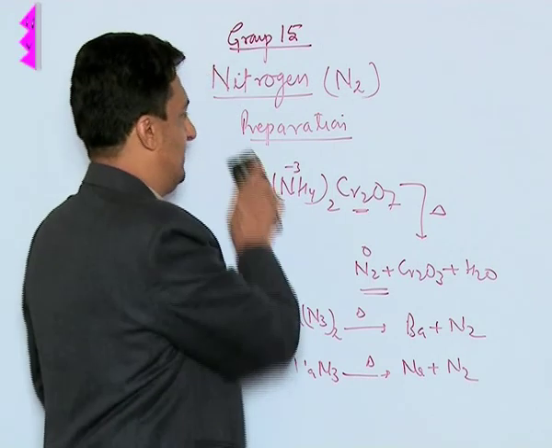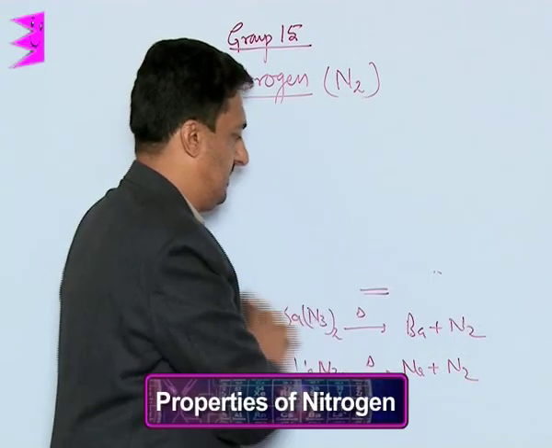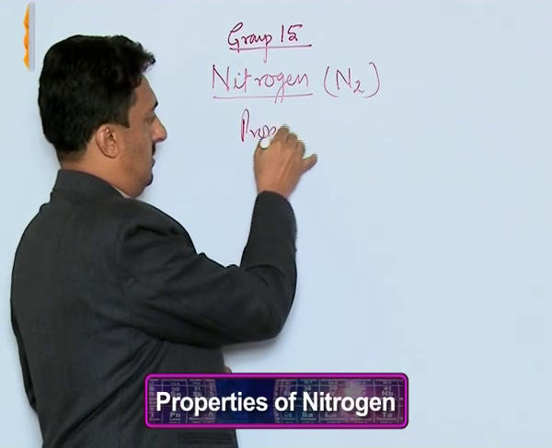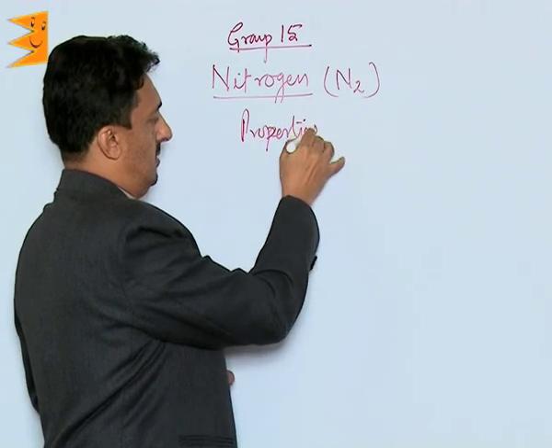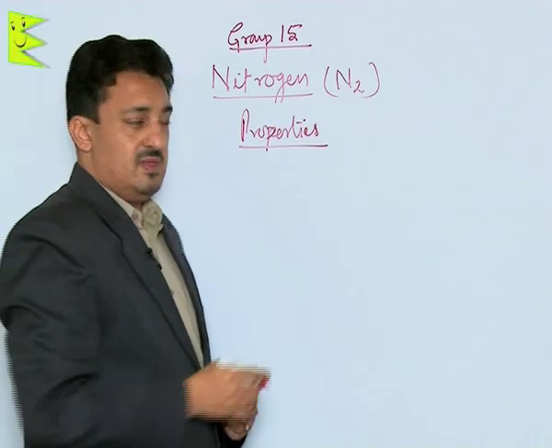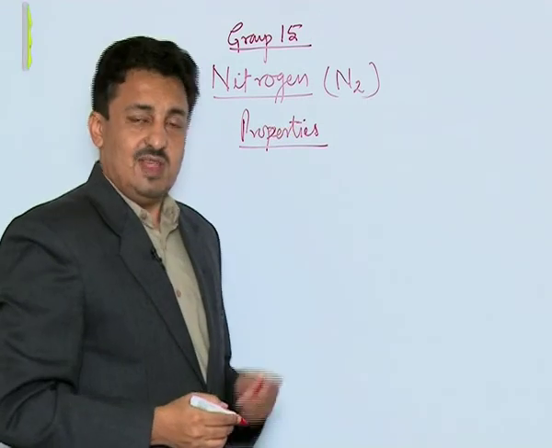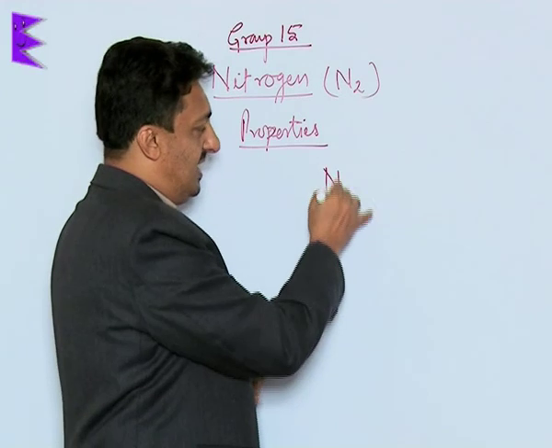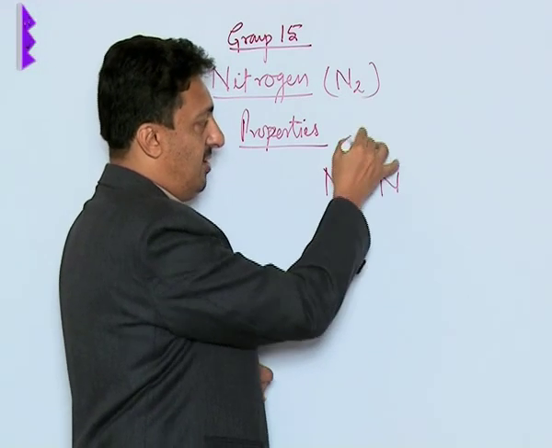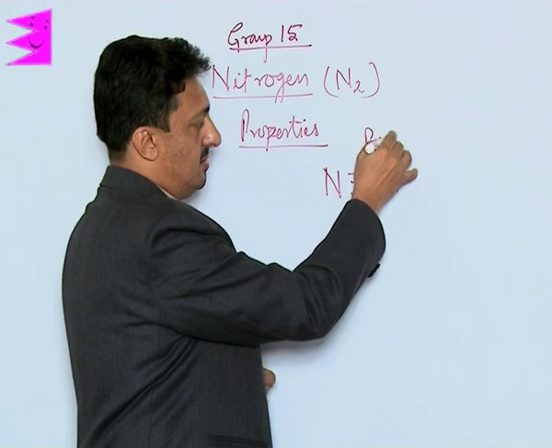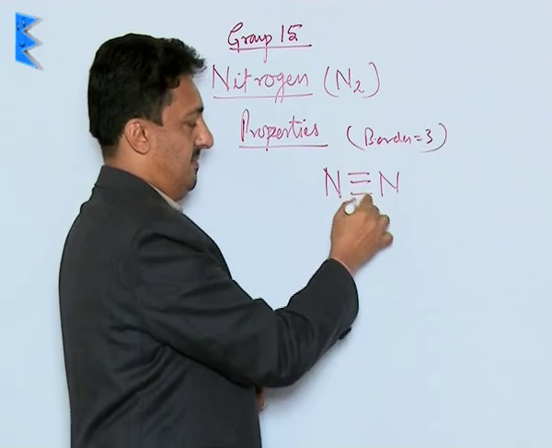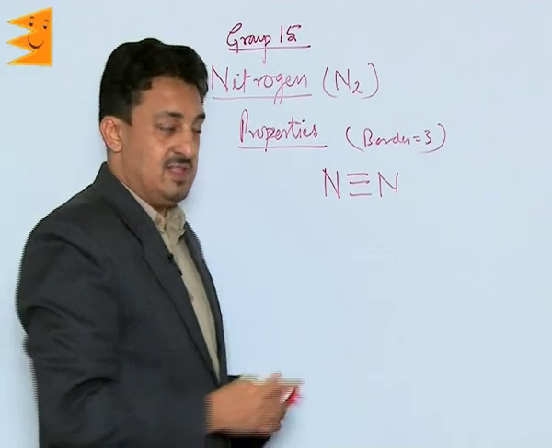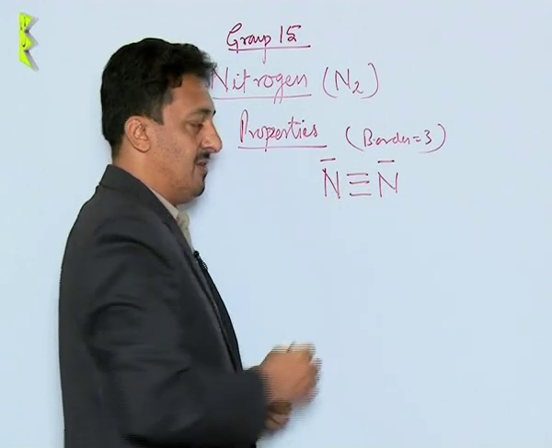Now let us discuss its properties. See, it's a colorless, tasteless, odorless gas which is very, very inert, as its bond order is 3 and the two nitrogen atoms have 3 bonds between them, with each of them having one lone pair.